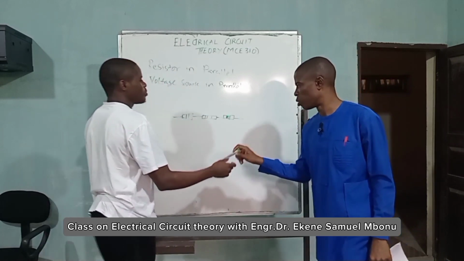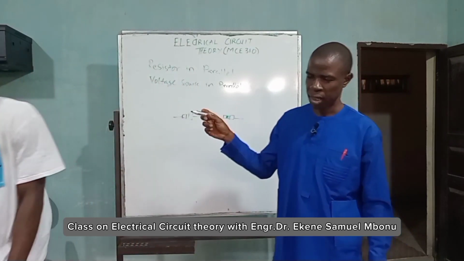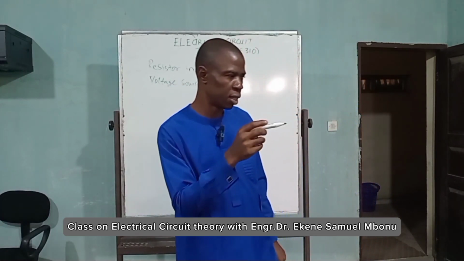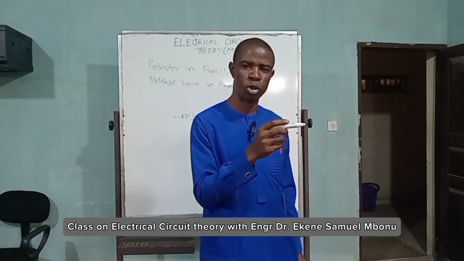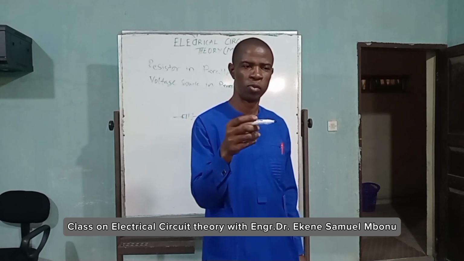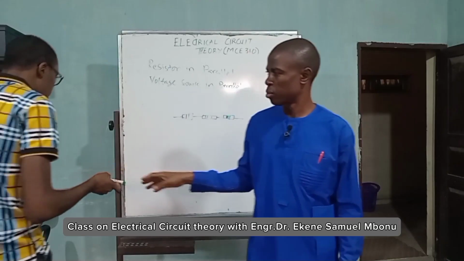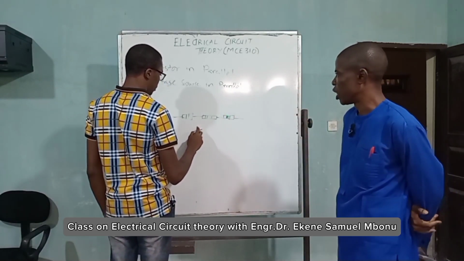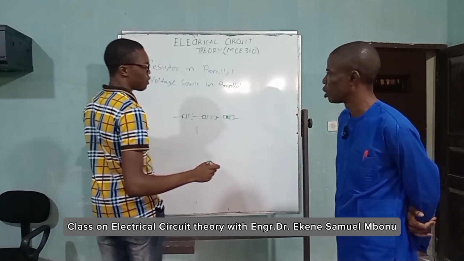Okay, he says when they are joined end to end, they're in parallel. Is that correct? No. So who has something else? What's her name? Anthony.